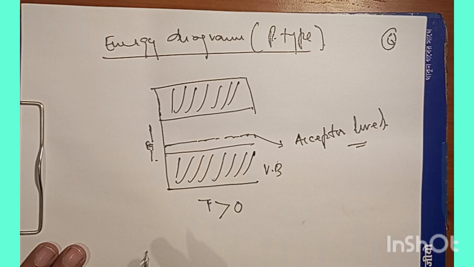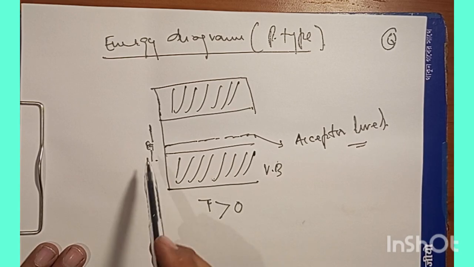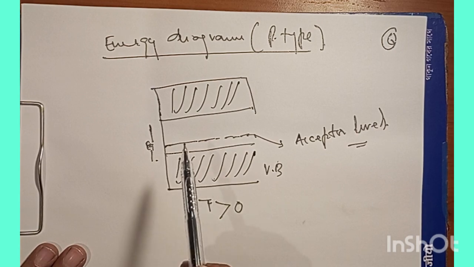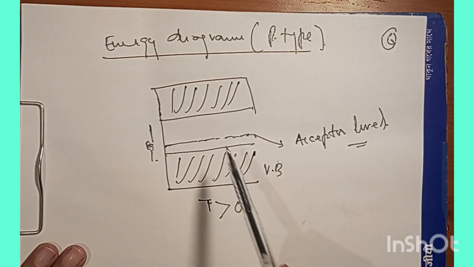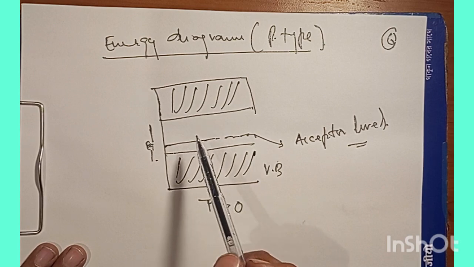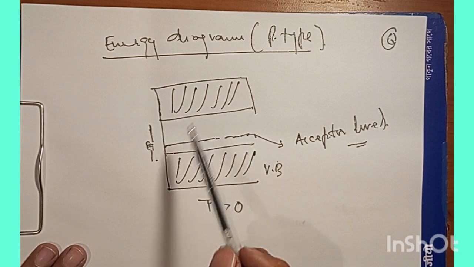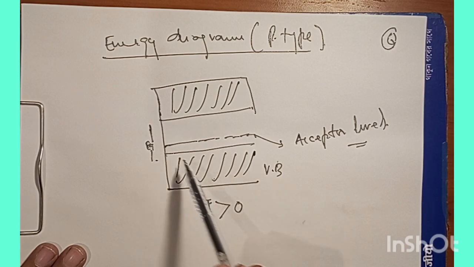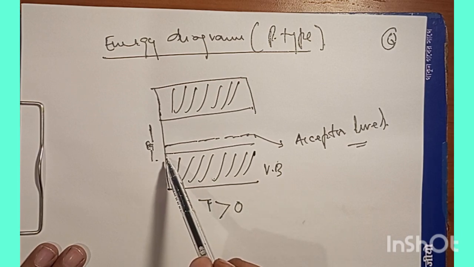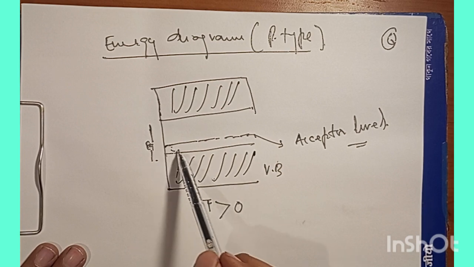So what's the story about this p-type semiconductor? This energy level corresponds to the holes in the semiconductor, and it lies just above the valence band. So it's very close to the valence band.